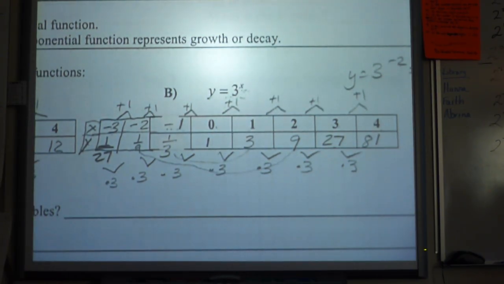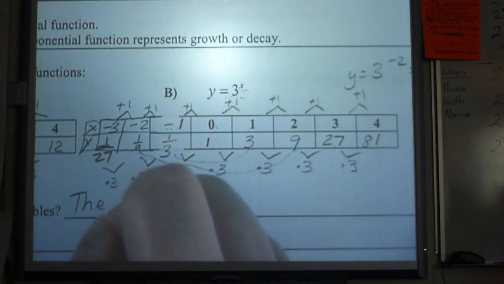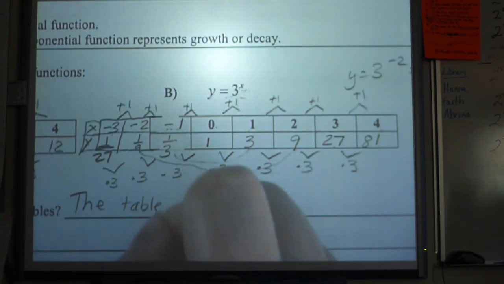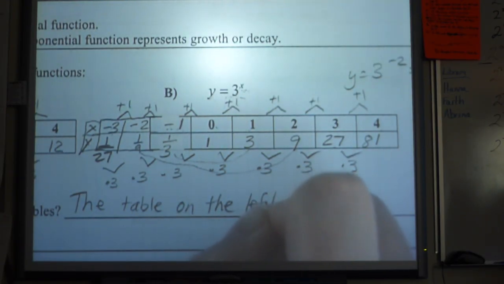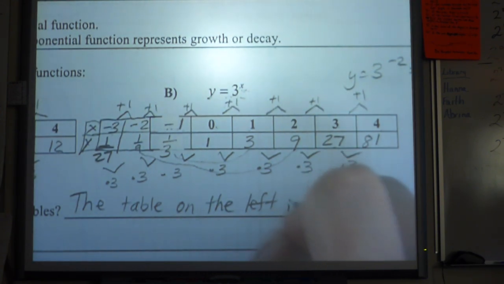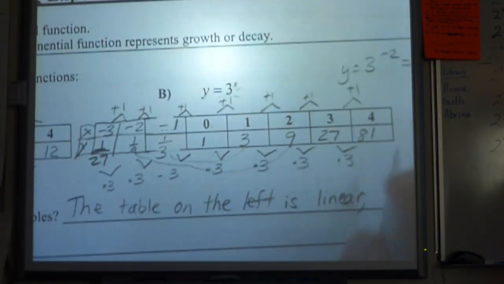Okay, so what do we notice about the two tables? The table on the left is linear, meaning as x increases by a constant amount, y increases by a constant amount.